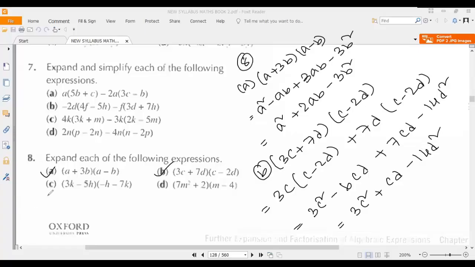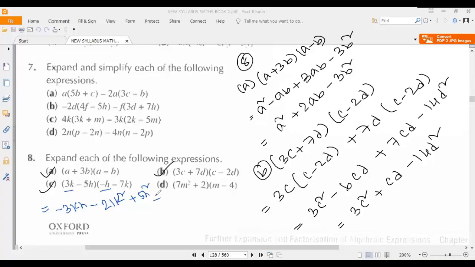Then what about number C? Number C says 3k into minus h. So 3k into minus h will be minus 3kh. 3k into minus 7k will be minus 3 sevens are 21k square. Minus a plus 5h into h will be 5h square.